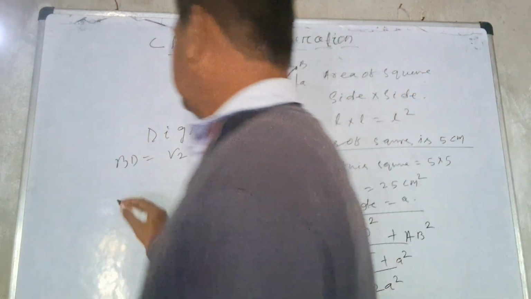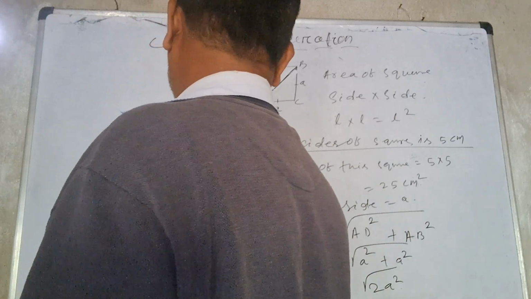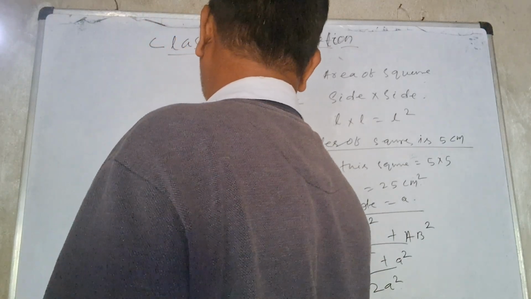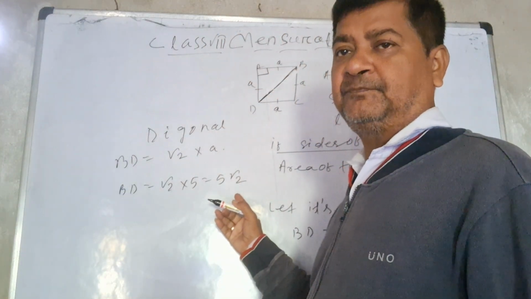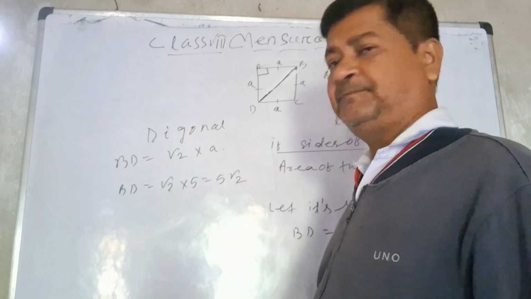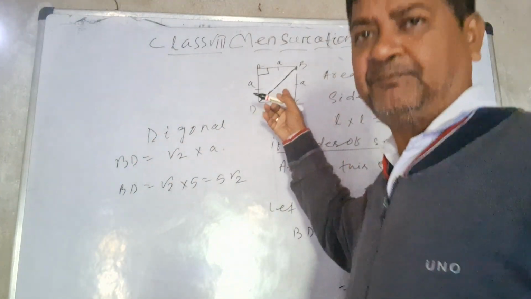That means BD will be root 2 into 5, 5 root 2. So diagonal BD is 5 root 2.